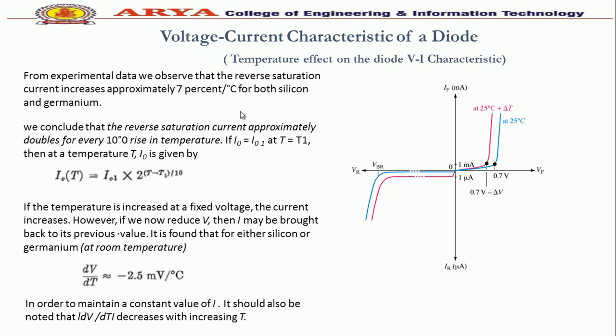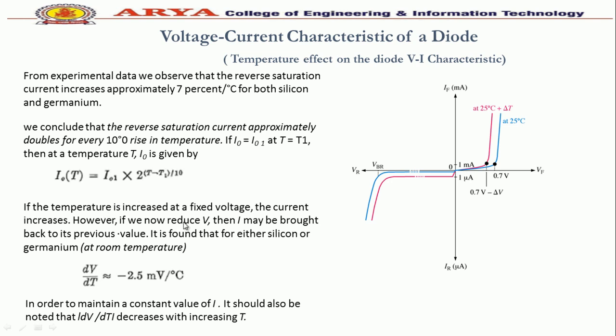So if I0 equals I01 at T equal to T1, then the current at temperature T is given by I0T equal to I01 into 2 raised to the power T minus T1 upon 10, which shows us it doubles for every 10 degree rise in temperature.